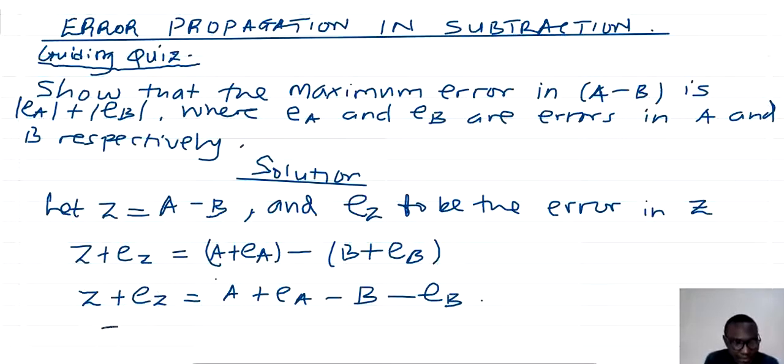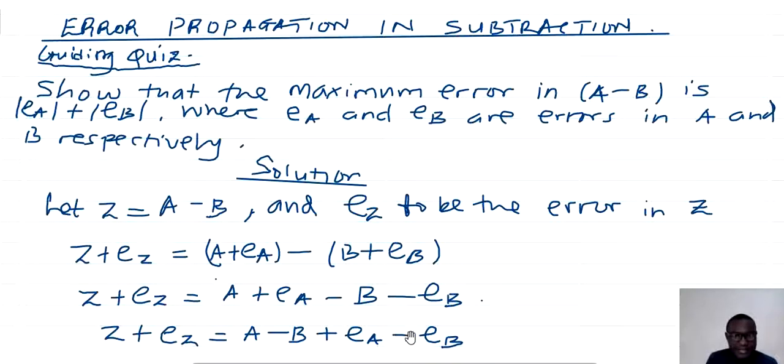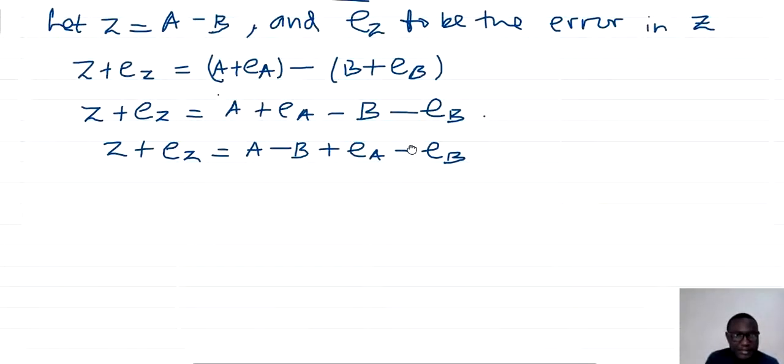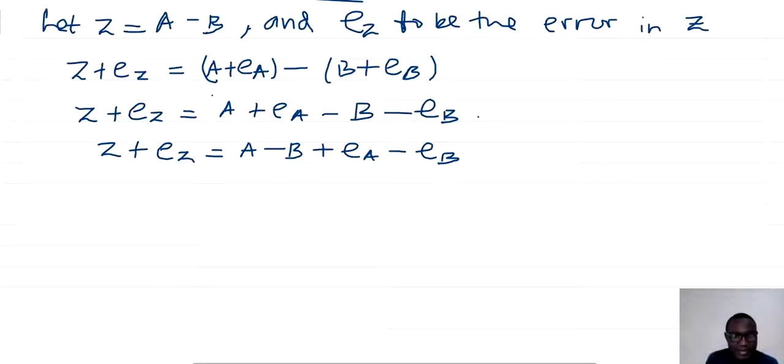So we're going to have Z plus error in Z giving us A minus B plus error in A minus error in B. Now because we are interested in errors, we have to make the error in Z the subject. So error in Z is equal to A minus B plus error A minus error B.